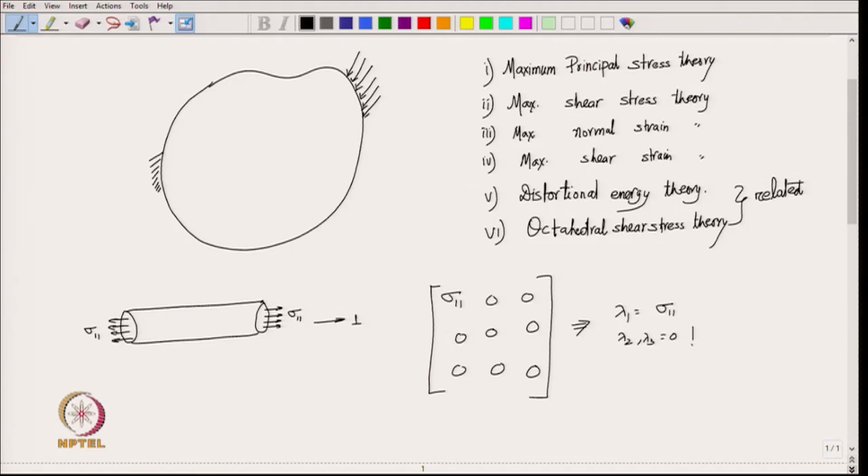So, what is the max principal stress? That is simply sigma 1. So, this means if it is failing due to max principal stress theory, then sigma 1 should be less than or equal to the critical value of failure, where sigma y is the critical value of principal stress.